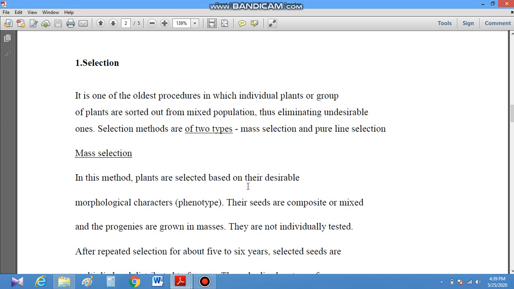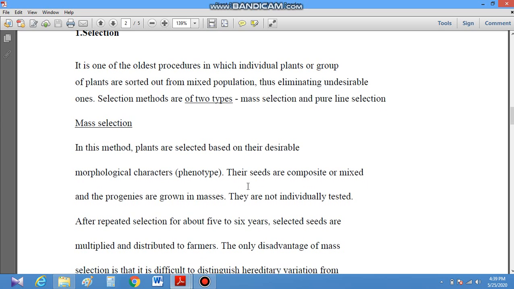Mass selection refers to a method of crop improvement in which individual plants are selected on the basis of phenotype from a mixed population. From the mixed population, we select individual plants of desirable phenotype. Phenotype is the external appearance of the plant, and after that their seeds are bulked and used to grow the next generation.